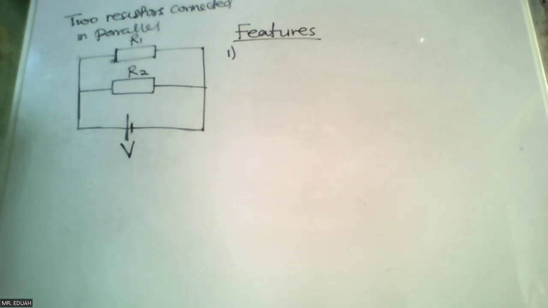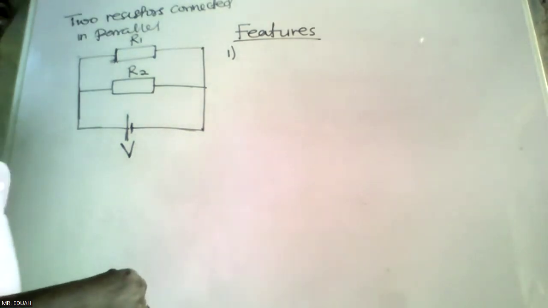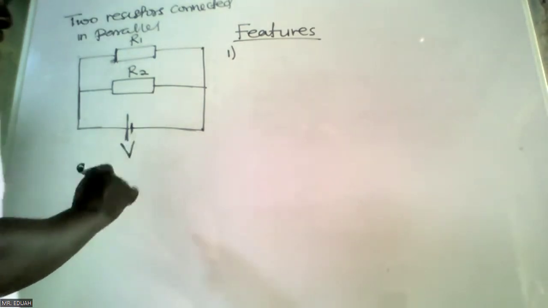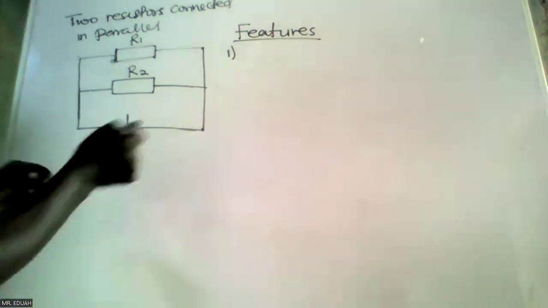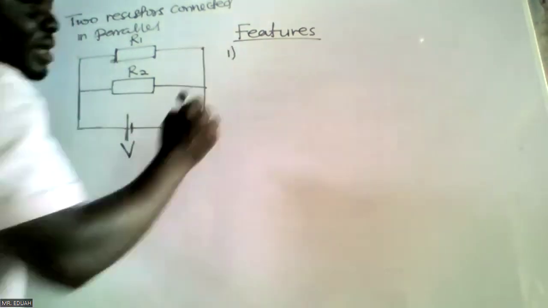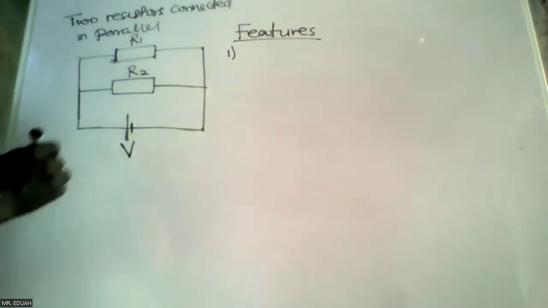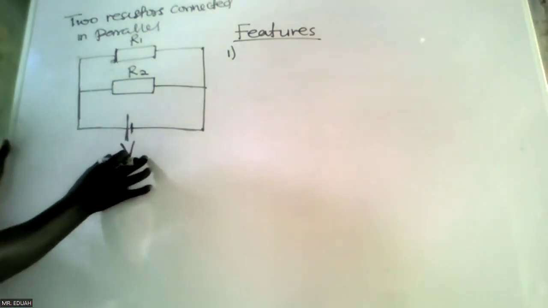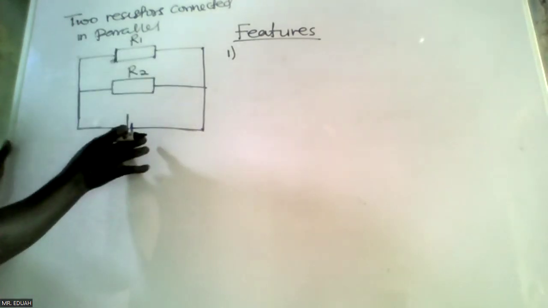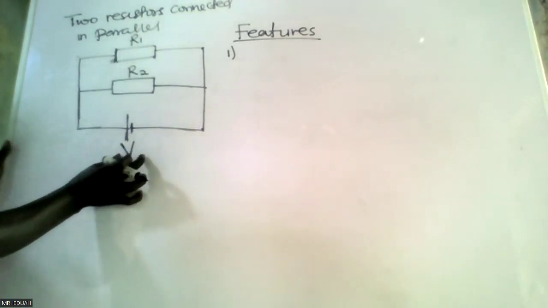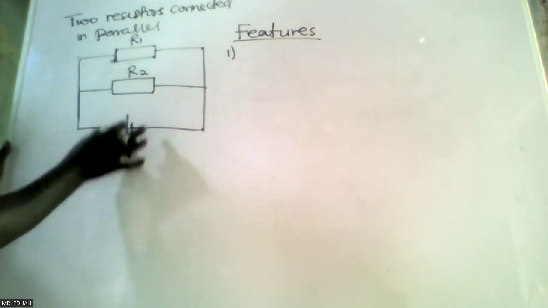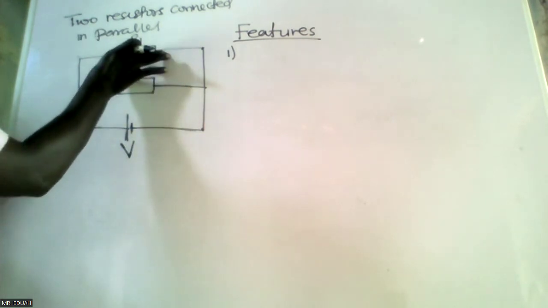The voltage across the resistors is the same. So that is true. When resistors or components are connected in parallel, they have the same voltage drop across all of them. So this source voltage is equal to what is here, is equal to what is here.